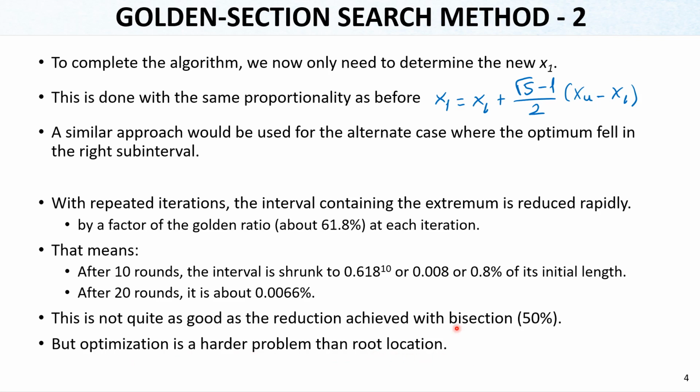That's why this may be less efficient than the bisection used in root finding, but still we can find the guaranteed optimum with the golden section search method as well. That's the good advantage. Of course, we can reach a local minimum or maximum instead of global. That's why we need to try different initial guesses and see if there is any other global minimum or maximum.